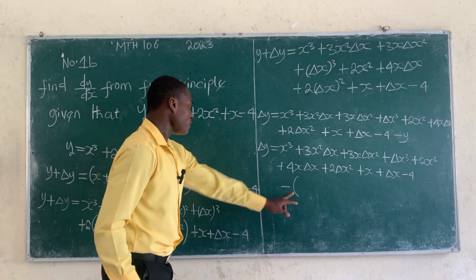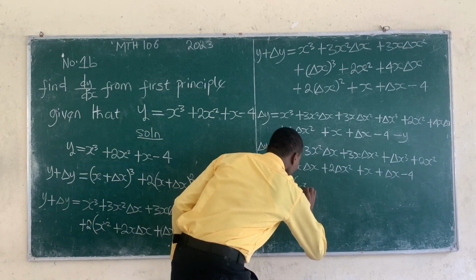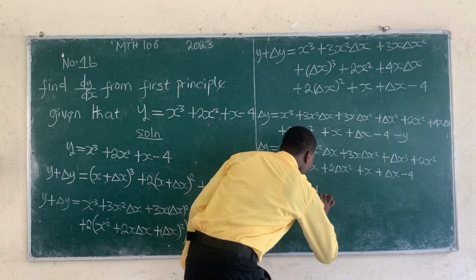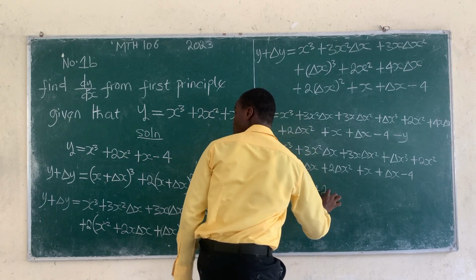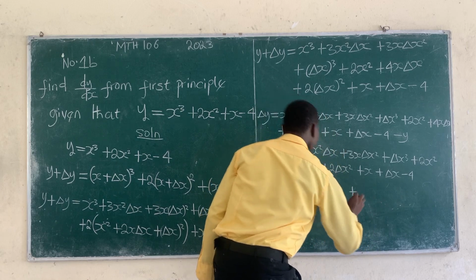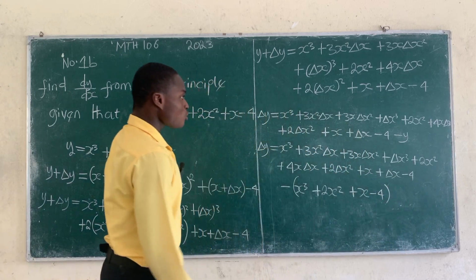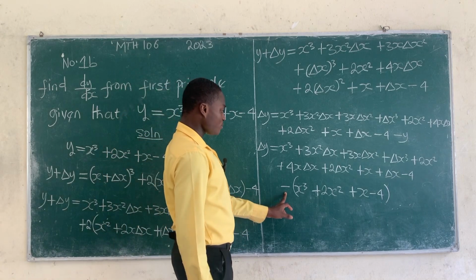Now we know what y is. Y is the whole of this. So we have x cubed plus 2x squared plus x minus 4. So our next task there is to open this bracket.